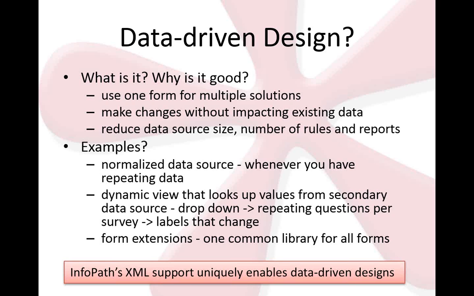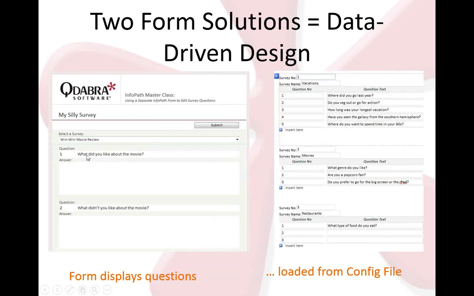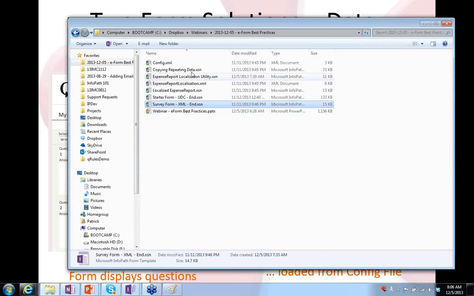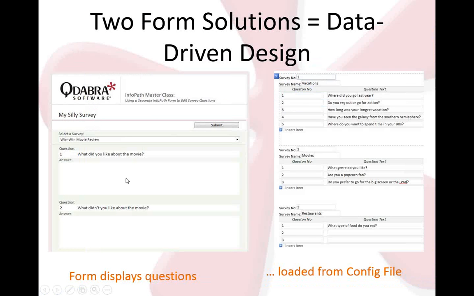We have on the left the form with the questions, and on the right we have a configuration form that allows us to edit those questions. These are both InfoPath forms, so the config form, which generates the questions, is actually separate from the actual form that we're using to display the questions.